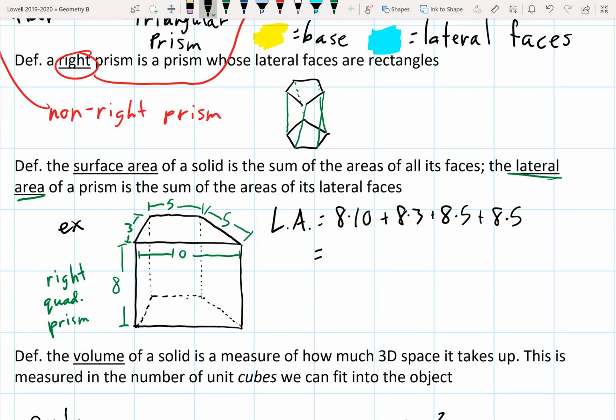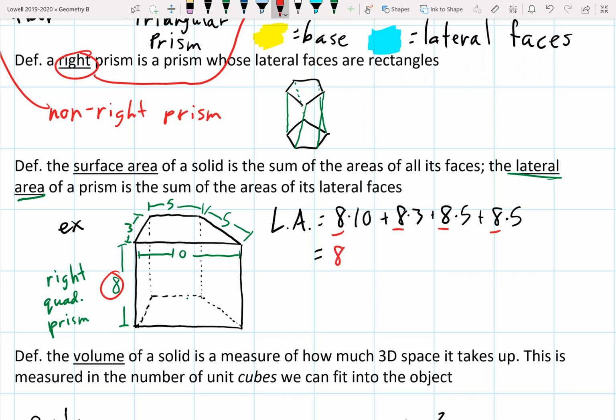Nothing special here, but I do want to point this out: notice that each of these has the height of the prism, and we call the height just the distance between the bases.